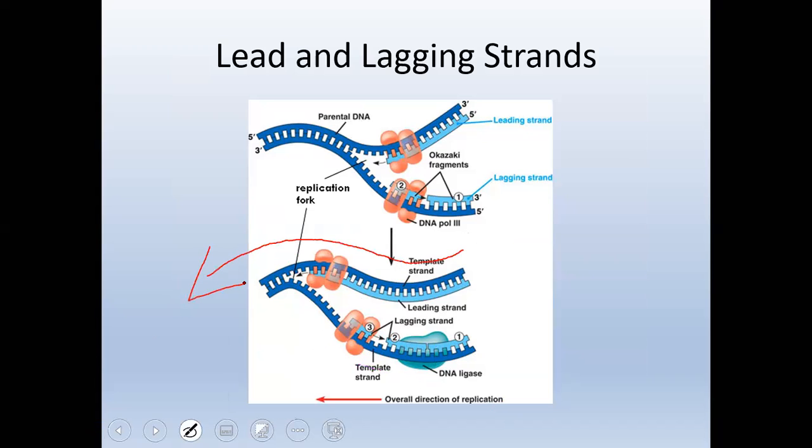Yeah, the leading is going towards where it's being unzipped. And the lagging is being built away from it, because it keeps having to go back to where it's unzipped and hasn't been rebuilt yet. So they're both being rebuilt. It's just that one of them takes a lot more work because of the direction it has to be rebuilt in.